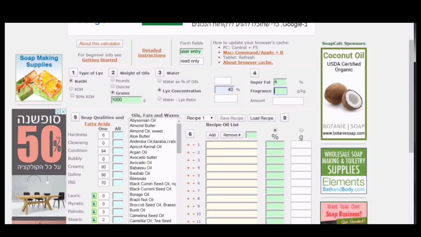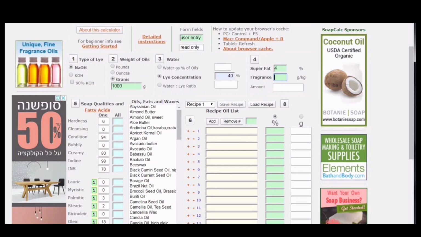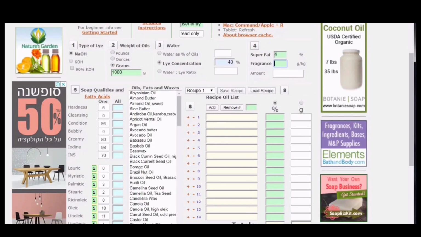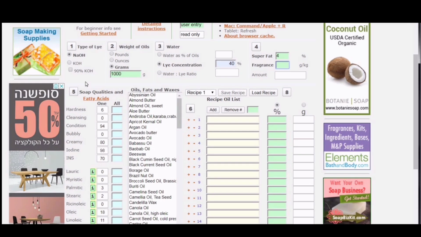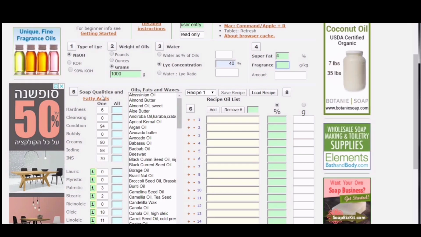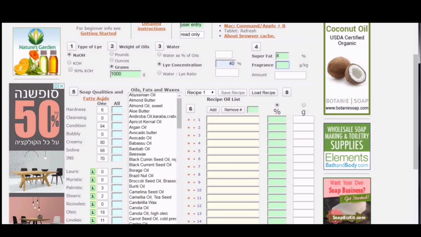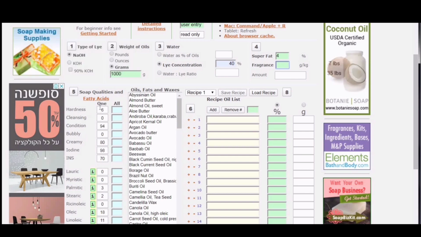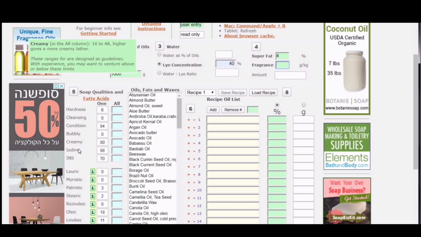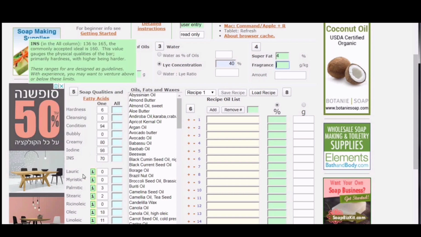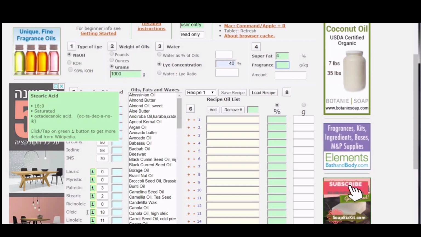this soap calc. So the next thing you want to do is to go through your oils. You don't want to bother yourself with this section that says soap qualities and fatty acid. If you'll be adding other acids to your soap, then you want to make use of this section.